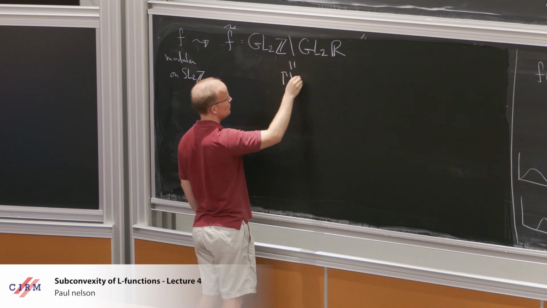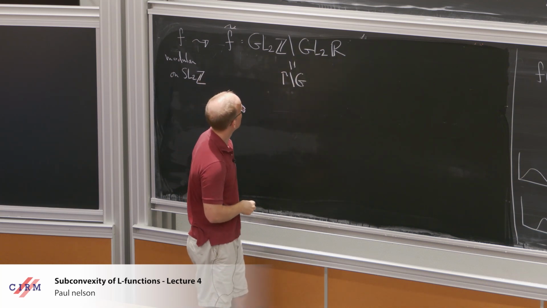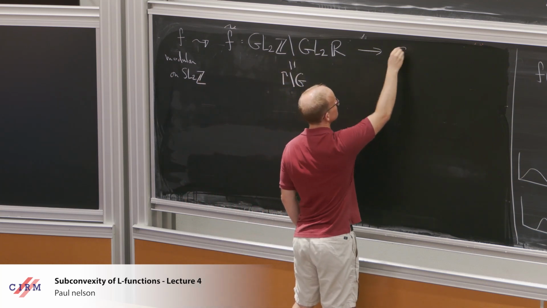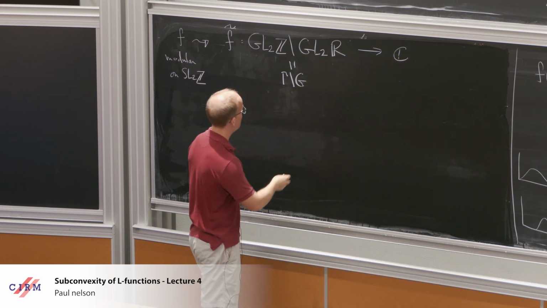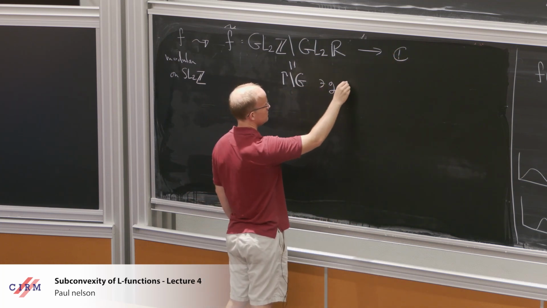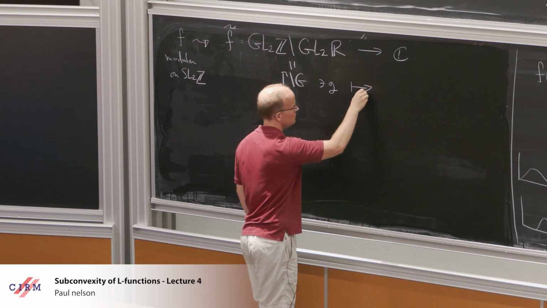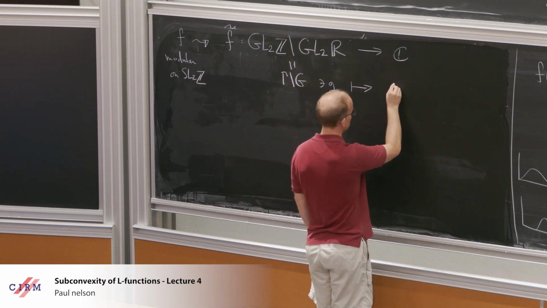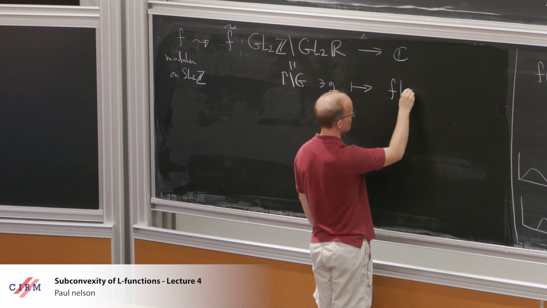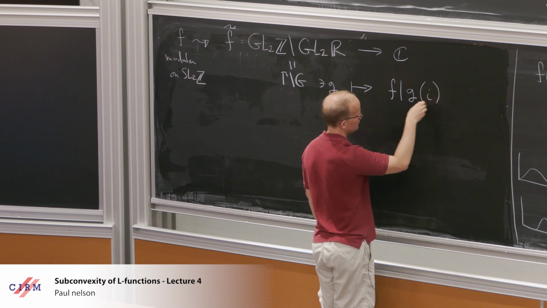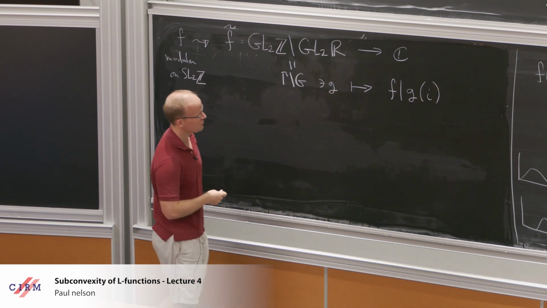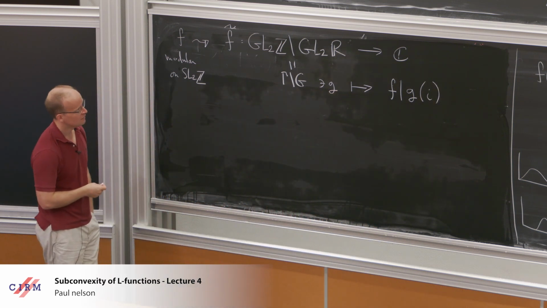Maybe I'll just call that G mod gamma for now, by sending a coset with representative G to, well, you've got to normalize the slash operator in the appropriate way, but basically, after dividing through by the determinant, you take F slash G evaluated at I.